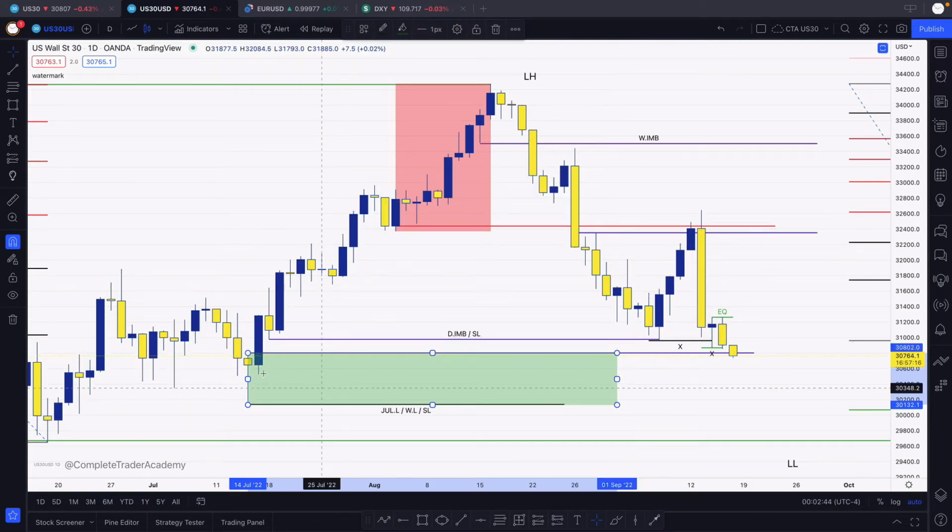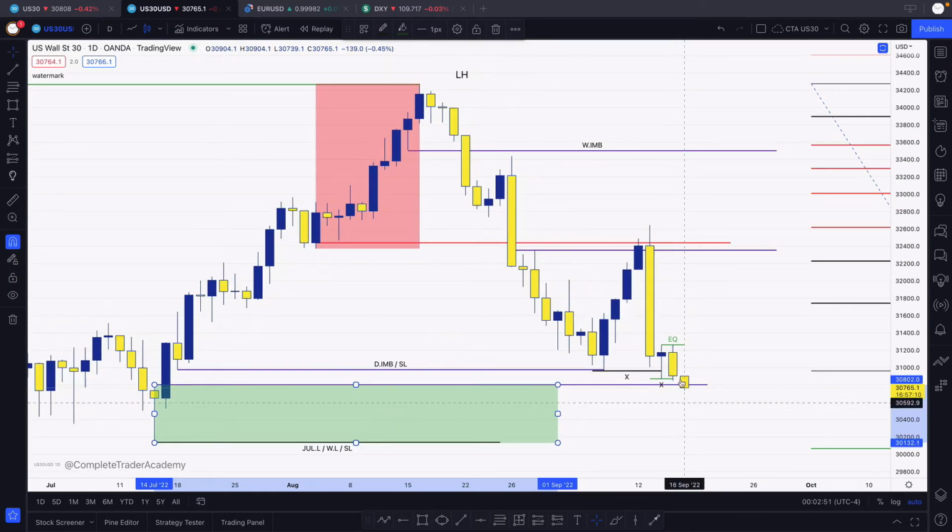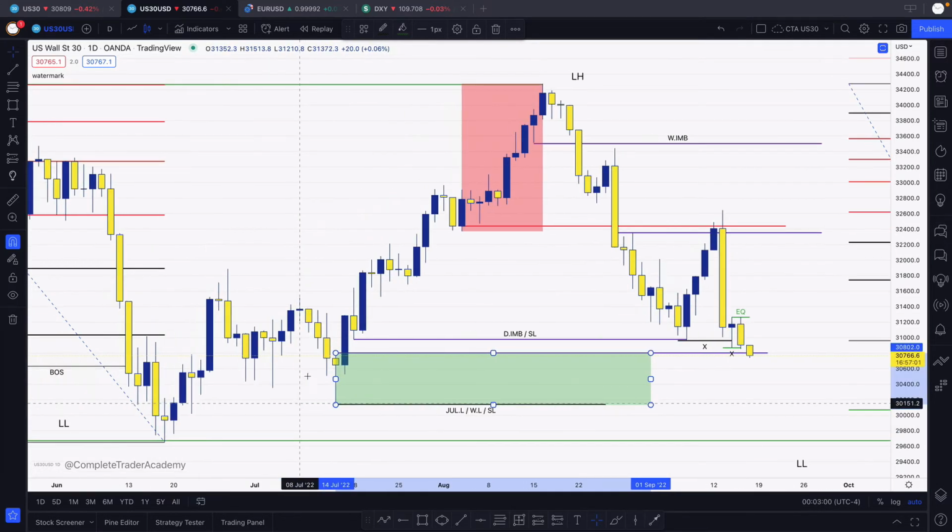Price now can come into this demand block right here and then rally up here. So we'll see what happens, but price is following as we suggested, coming down, filling this imbalance, and coming in now. We're going to see what happens in the following days.